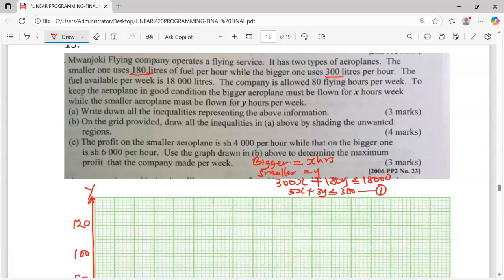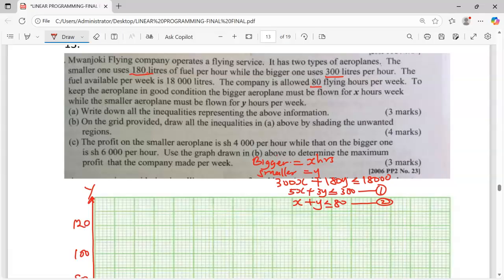We are also told that the company is allowed 80 flying hours per week. That means the number of hours for the bigger aeroplanes plus those of the smaller aeroplanes must be less or equal to 80. This again becomes the second inequality.